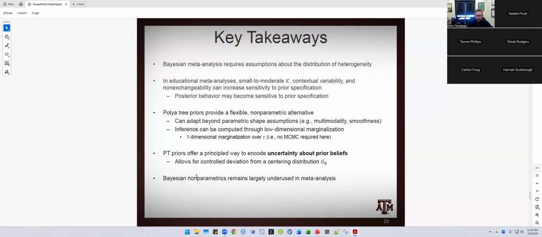And then last, I think that non-parametrics in this field, there is certainly research out there, but it's in random places at random times, at least from what I can tell.